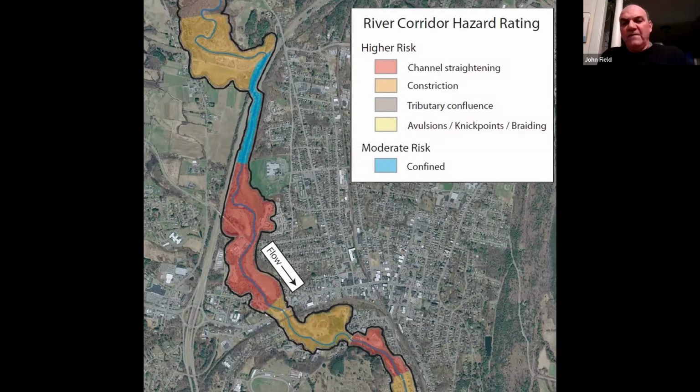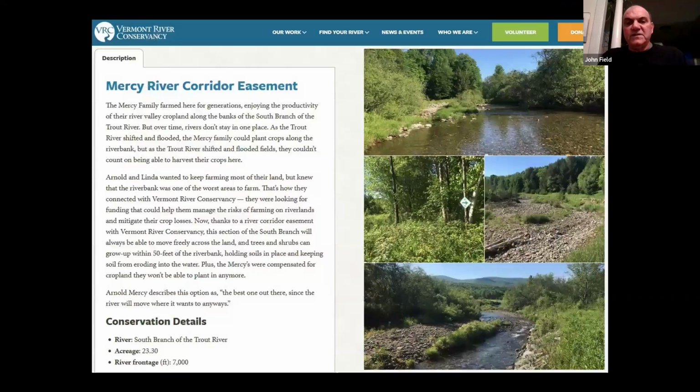An ultimate goal of this type of mapping is to prioritize areas for land conservation.